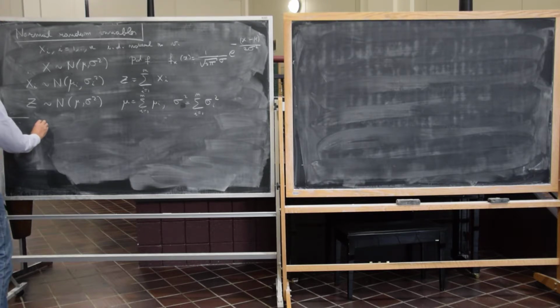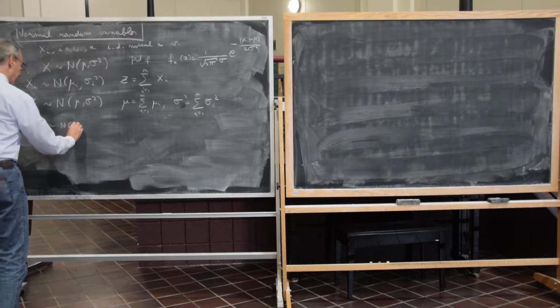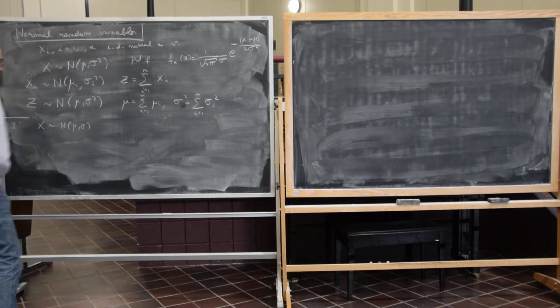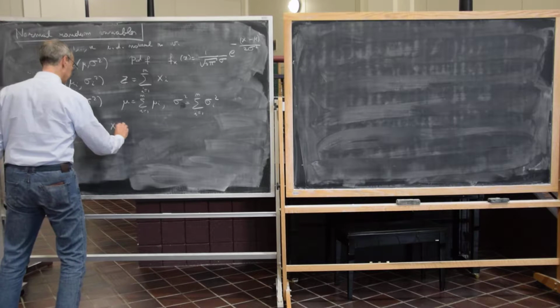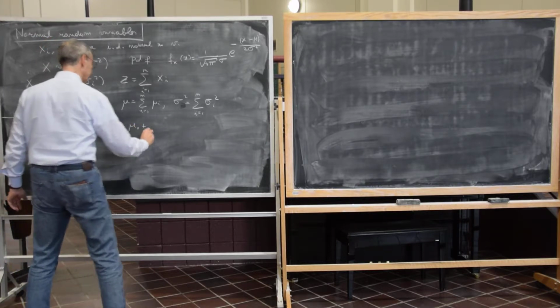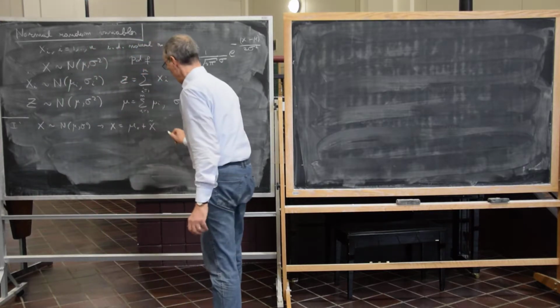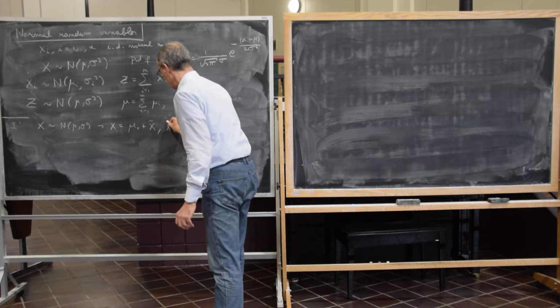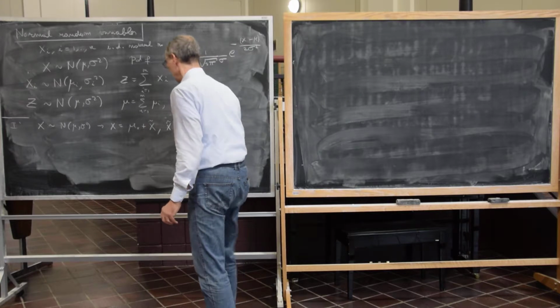So the first observation is that if x is a normal mu sigma squared, I can write x as mu plus some x tilde, where x tilde is a normal 0 sigma_x squared, right?